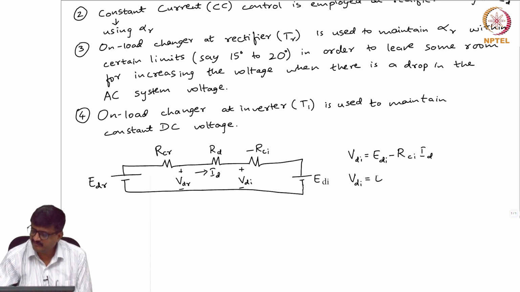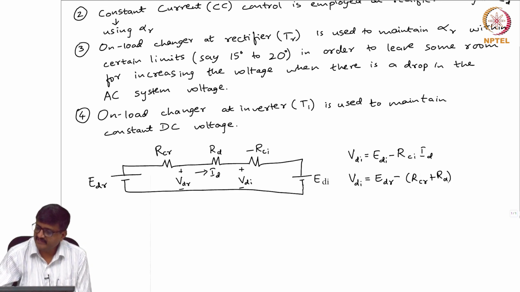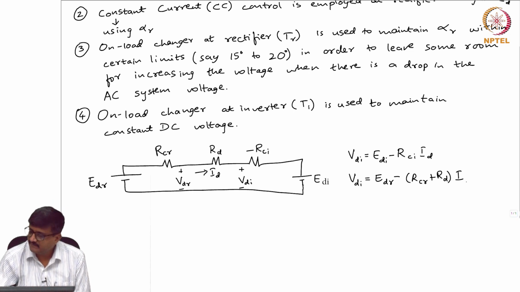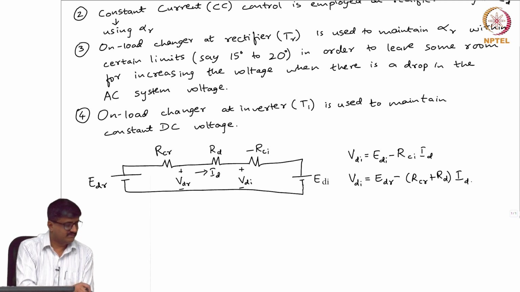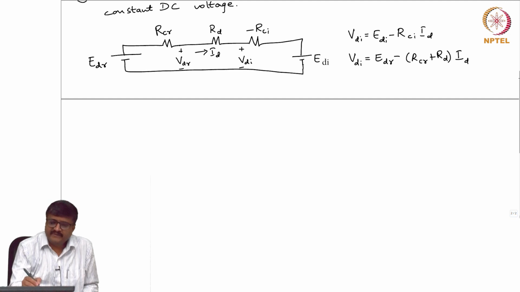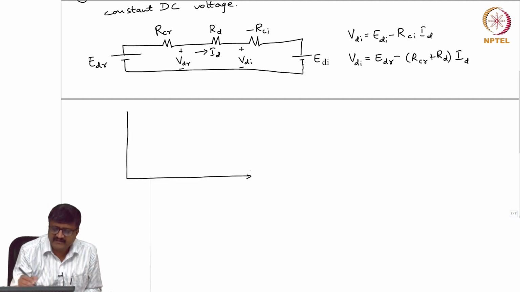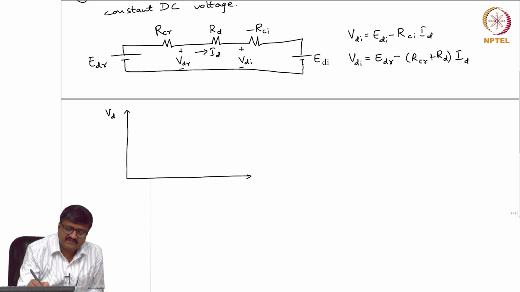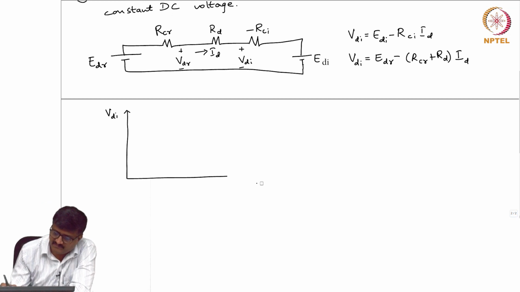So, VDI is also equal to EDR minus RCR plus RD into ID, right. Now, let me try to take the graph of VDI as a function of ID. Okay, let me draw this. VDI as a function of ID.